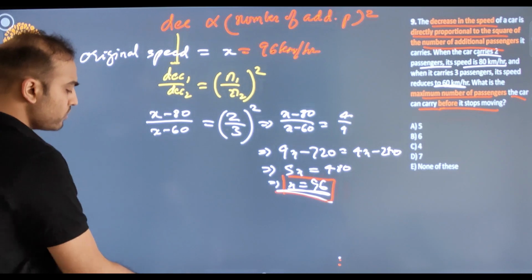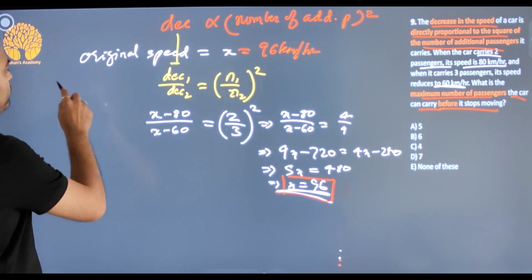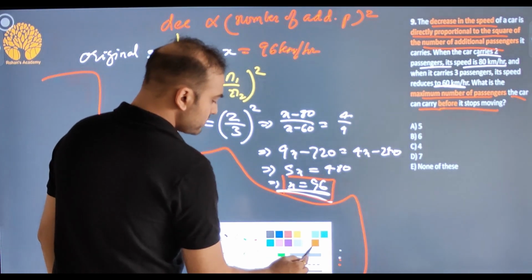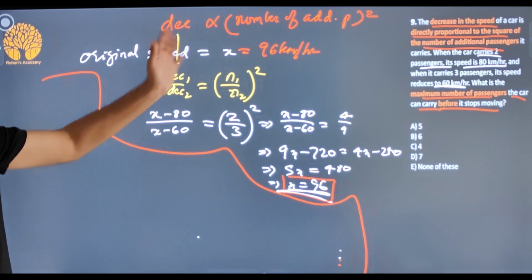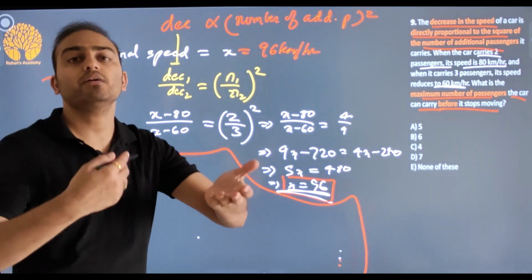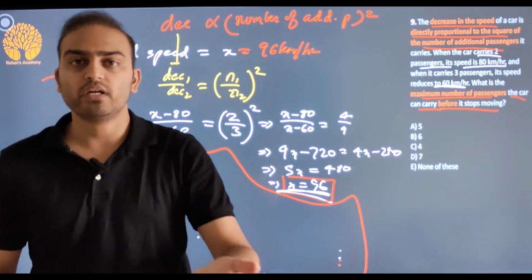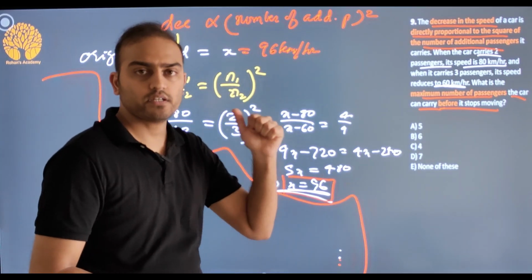Now for the car to stop moving, what needs to happen? The speed has to become 0. That means the decrease has to be the entire 96.